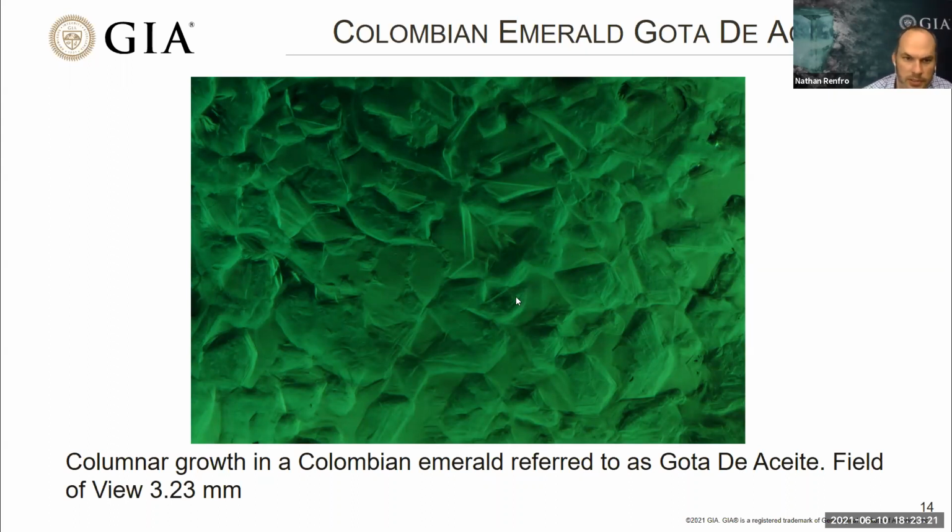This Gota de escate effect tends to occur parallel to the basal pinacoid of the emerald crystal, typically in thin bands, and you may have several of these layers in a single emerald crystal, which indicate rapid growth periods within the development of that emerald crystal.